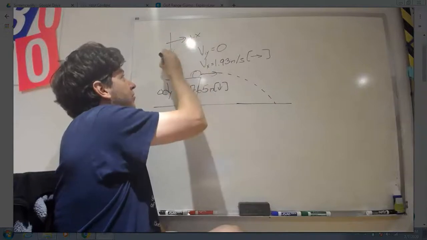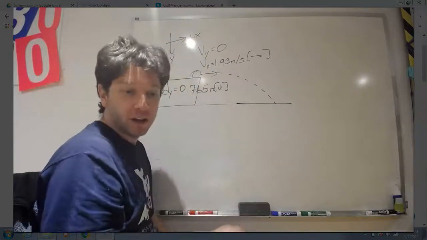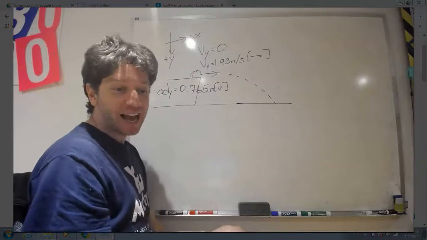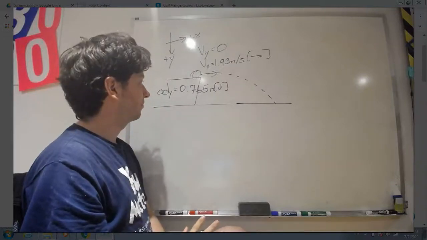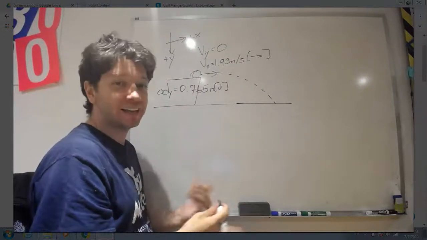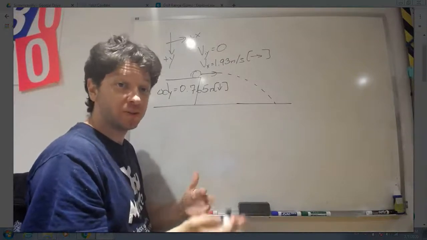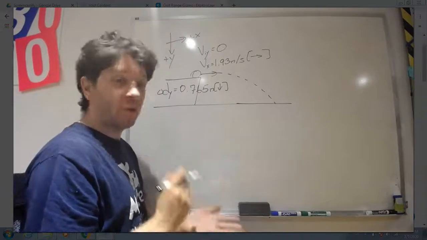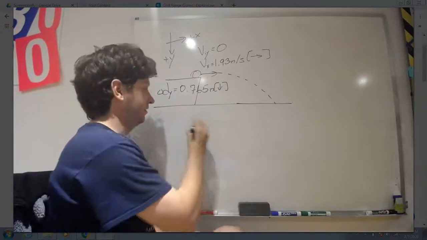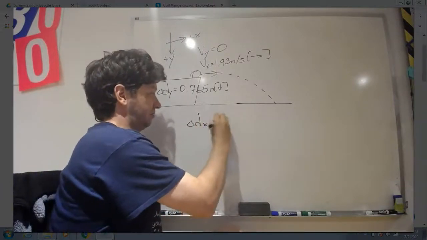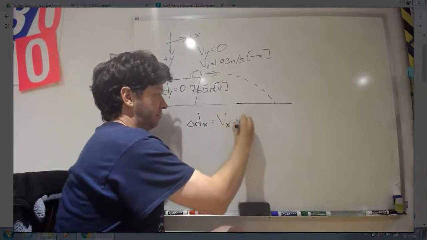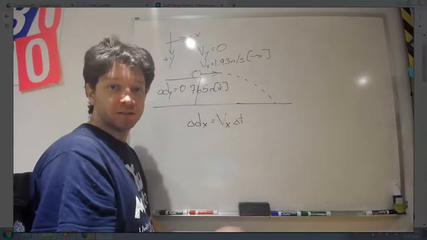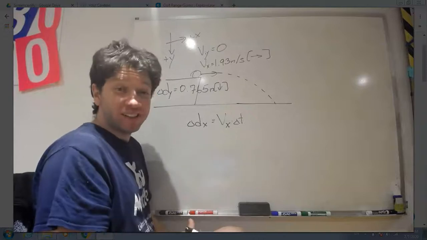Plus x plus y. Now the first question says, how long is the ball airborne? I can attack this problem using y coordinates or x coordinates, or maybe both. If I look at x coordinates, you only have one equation you can use in x. It's this. Because there's no acceleration in x.